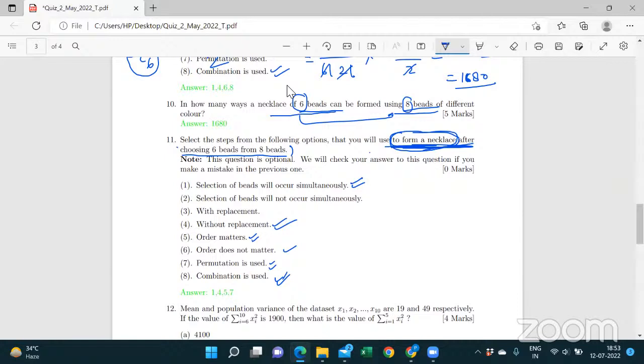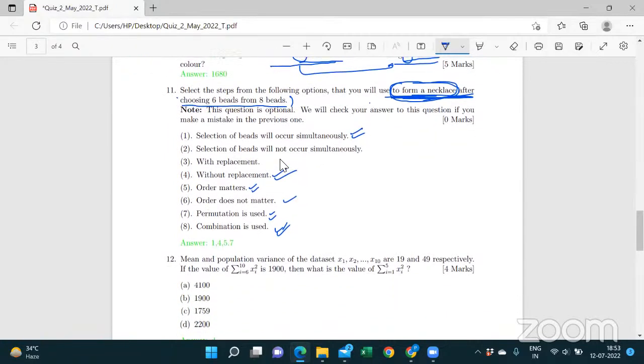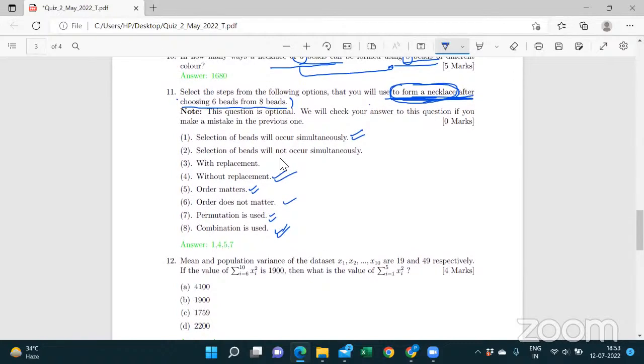Why is order not mattering here, sir? No, you are doing circular permutation. When do you use permutation? When order matters.